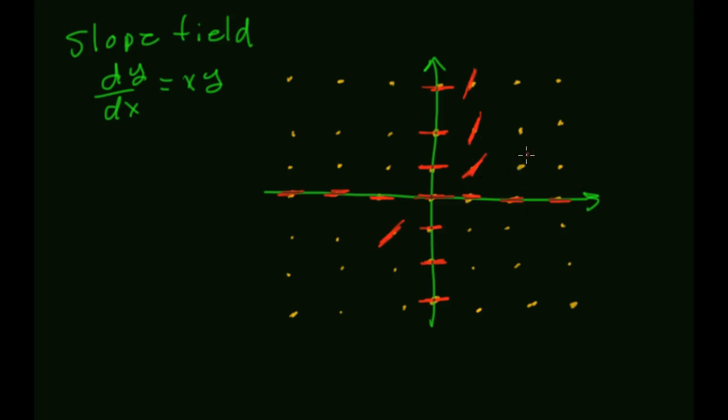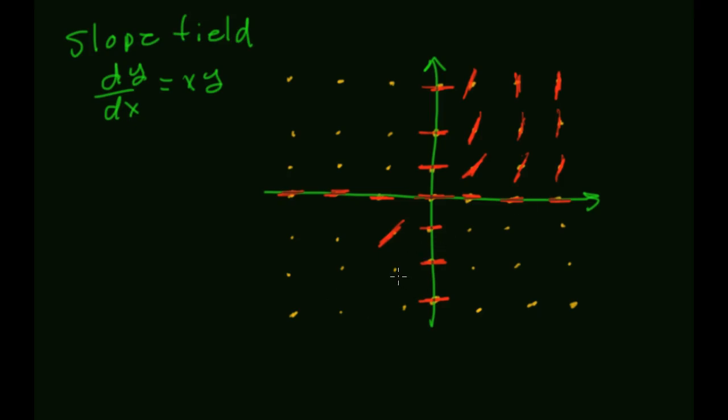Same thing as we go out, so 2 and then 3. This is going to have a positive slope of, let's see, 2 times 2 is 4, 3 times 2 is 6, and then the slope out here is 3 times 3, which is 9, which is really intensely up.